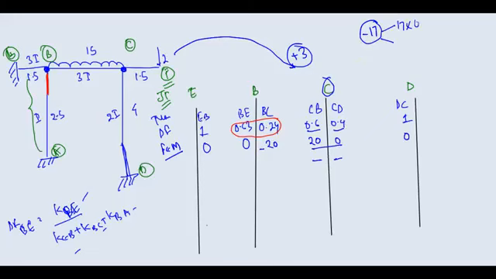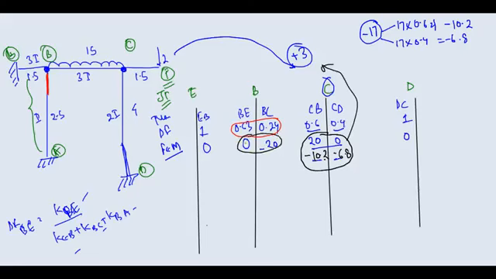So you have 17 into 0.6 and 17 into 0.4, which is 10.2 and 6.8. So I am writing here minus 10.2, and this is minus 6.8. If you sum these values up, I think you will get 3, and I wanted it to be 3. What is the next step? The next step is, first of all, let's balance B.